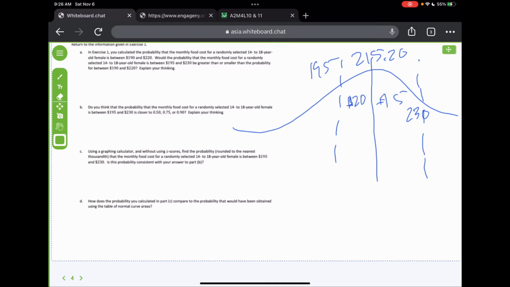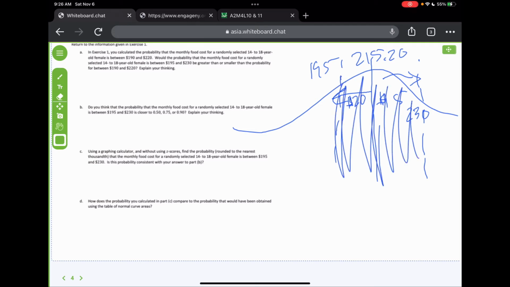Okay, so we're 1 full standard deviation to the right, and we're a little bit more than 1 standard deviation to the left. Okay, and we talked about if it falls between 1 standard deviation, the empirical rule says that is 68%. Well, this is a little bit more, so we're going to say that's about 75%.